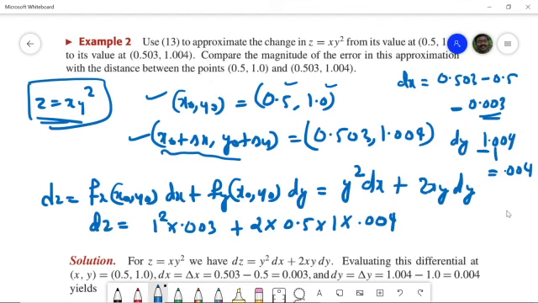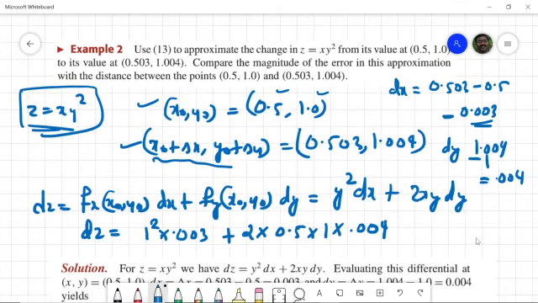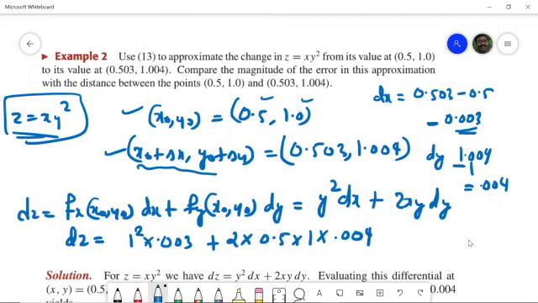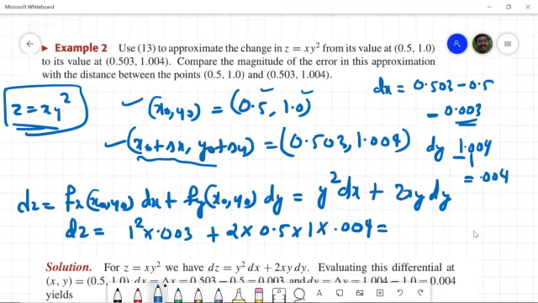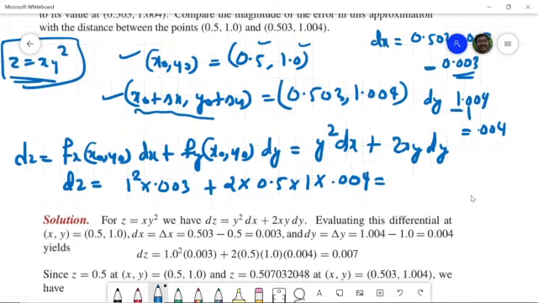The question is asking you to find the approximate change in x y square to its value at 0.503, 1.004 using differentials, and to compare the magnitude of the error in this approximation with the distance between the points. This is the value you got when you substituted for differentials, and here they have computed it; it is actually 0.007. You can try it.